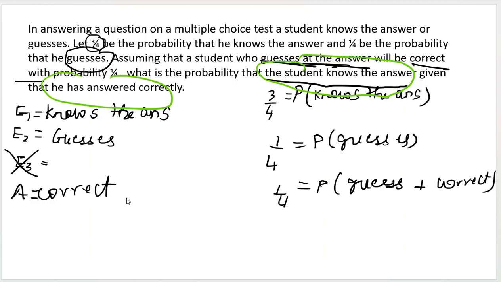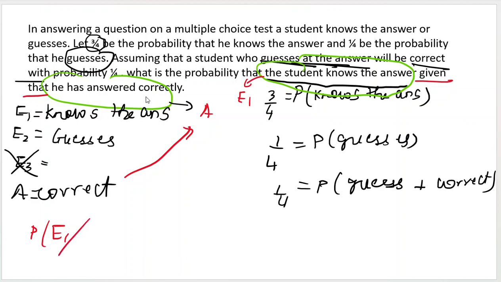The fact that he has answered correctly is the event A, and the student knows the answer is the event E1. So we want the probability of event E1 given that, where we replace the given by a stroke, he has answered correctly, that is, A.